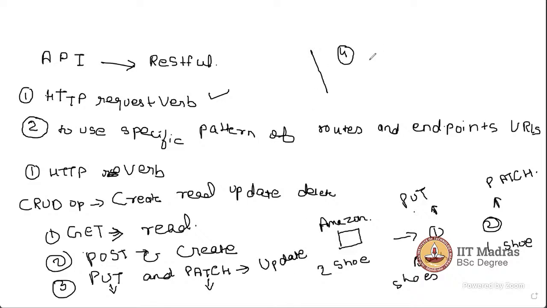And the last one is simple, right? Now suppose you are using an application, you don't like that application, and you want to come out of it. How do you do that? You can simply delete your profile. For this purpose, you can use the DELETE HTTP method.